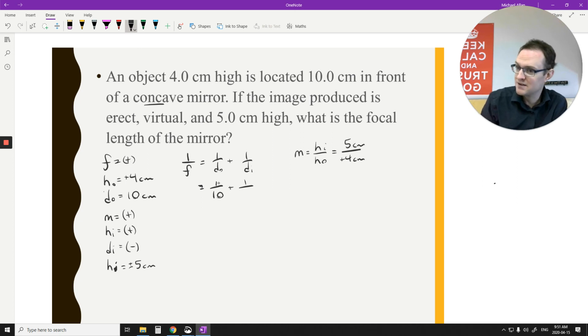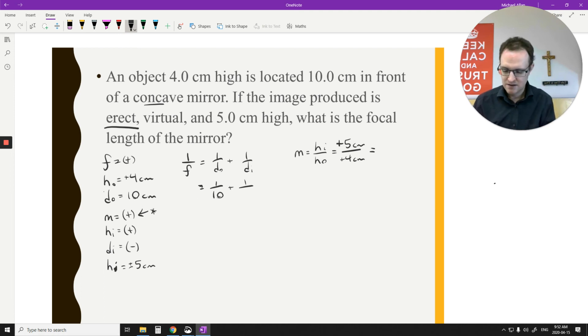But they don't tell us positive or negative, but they do tell us that the object is erect, so the magnification must be a positive number. So for this to be a positive number, the 5 has to be positive as well. Okay, so my magnification is 1.25.